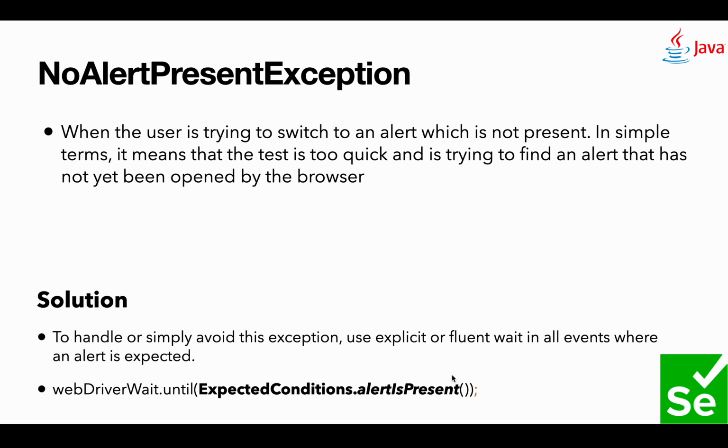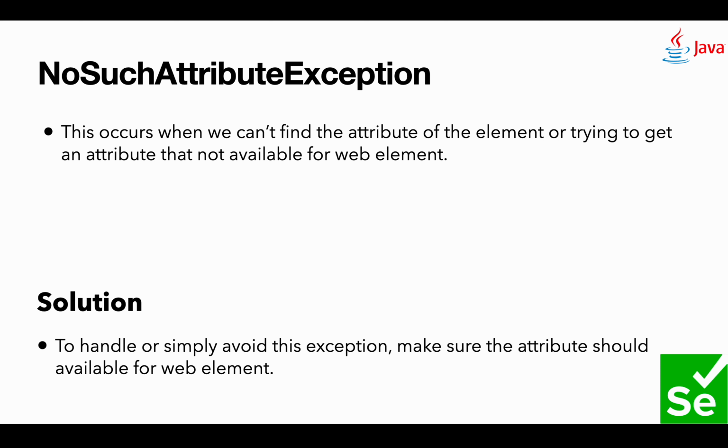So our script will try to find that particular alert, but because of the slowness the alert has still not come up. At that time we will get this no alert present exception. To handle or avoid this exception, we have to use explicit or fluent wait in all events where an alert is expected, or we can use the expected condition related to alert is present or not.